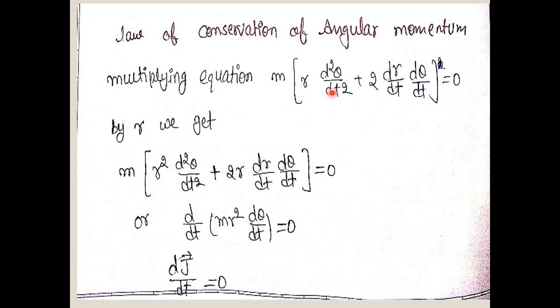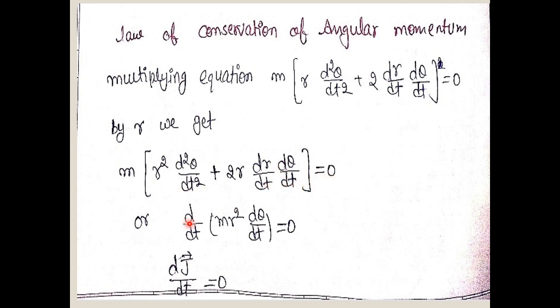Multiplying this equation by r, we get m (r² d²θ/dt² plus 2r (dr/dt)(dθ/dt)) equals 0.